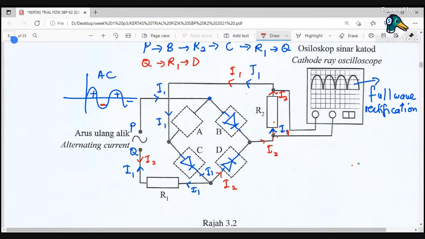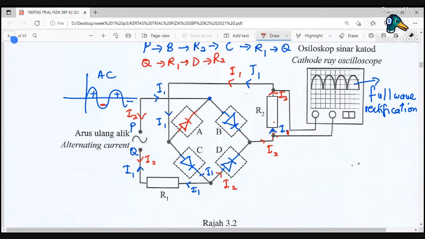Then go to A. So A is forward bias. A forward bias, and then from D it will go to R2.